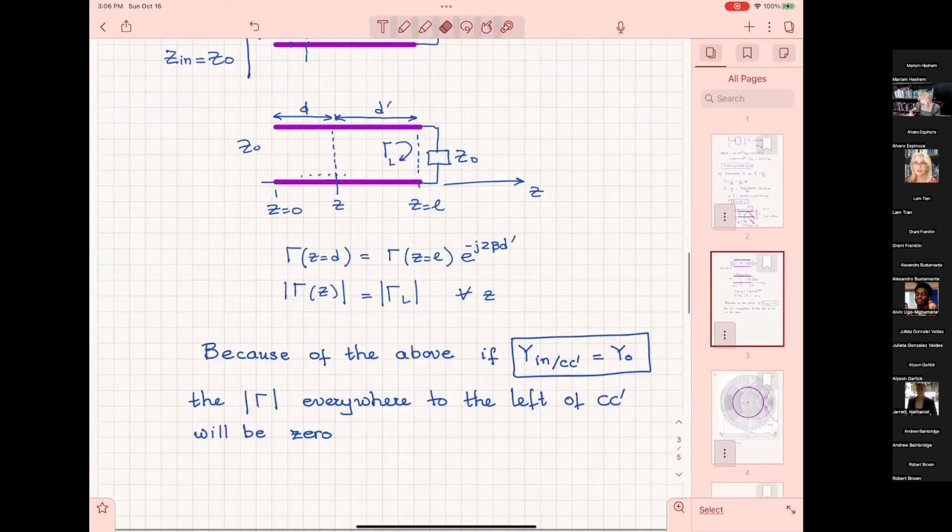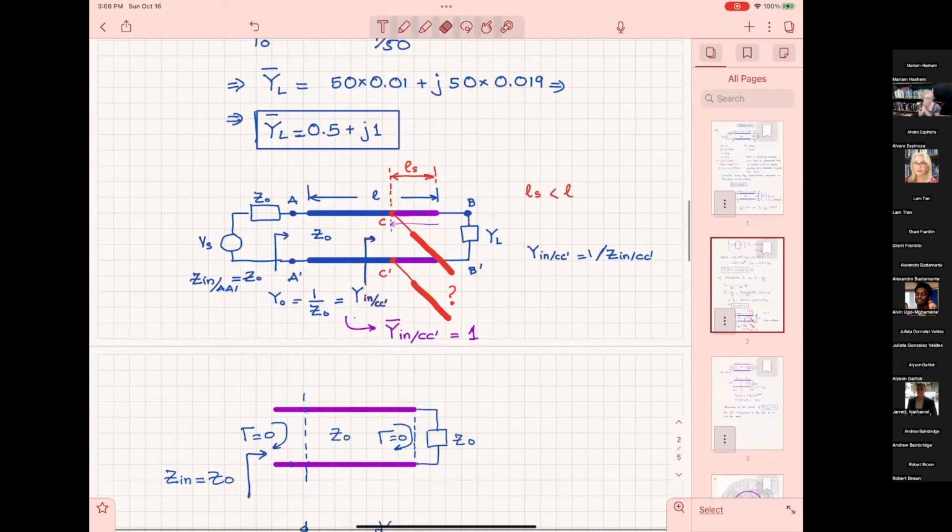Let's go back to this and look at the stub. When you place the stub, in essence, you place at CC prime a shunt load.